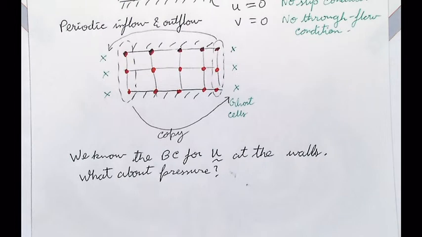Physically, what happens at a wall? Stagnation pressure, yes. But where do we get that from? We can put in u equals 0 at walls in the Navier-Stokes and derive an equation for del p by del y or del p by del x.